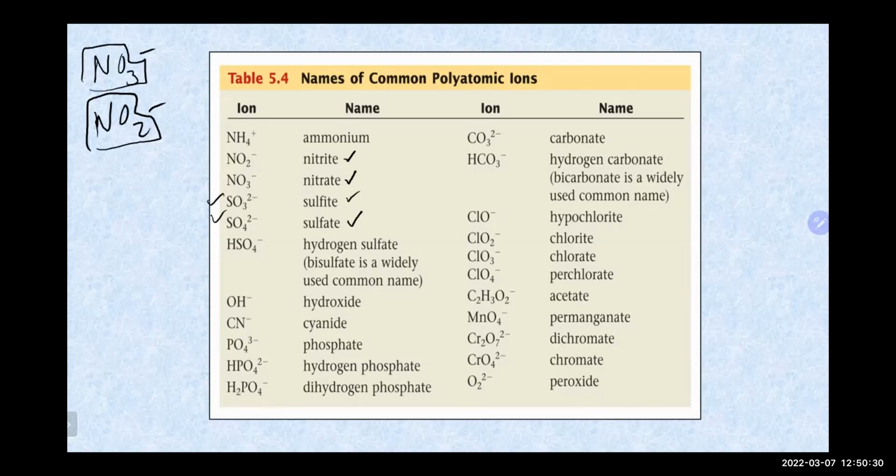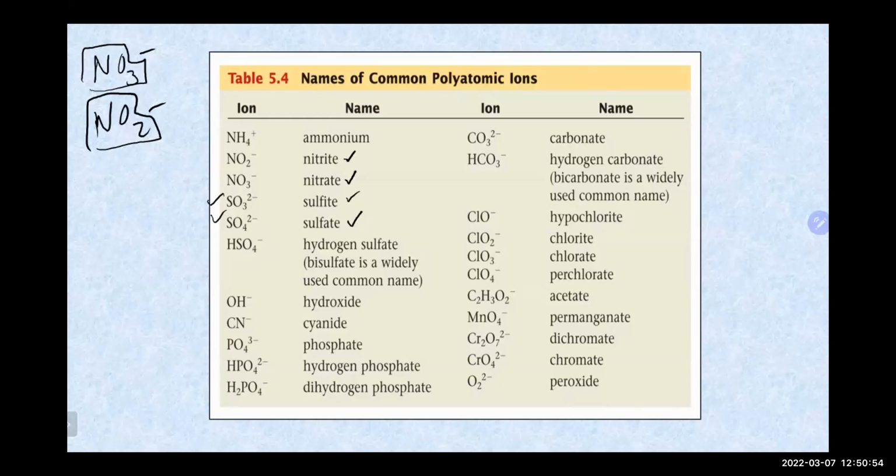As I mentioned earlier, you really will never use a Roman numeral and a prefix together. And I did say there's one spot where that could happen. And this is the spot where that could happen, and that is because the polyatomic ion itself actually has a prefix in the name, like dihydrogen phosphate or something like that.